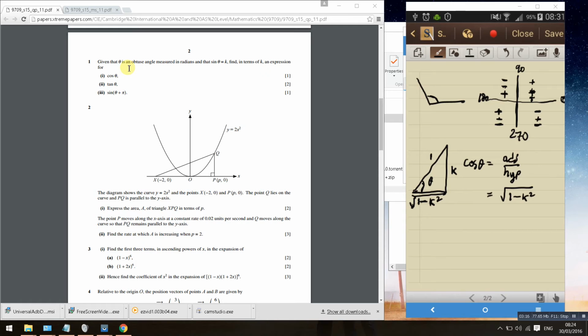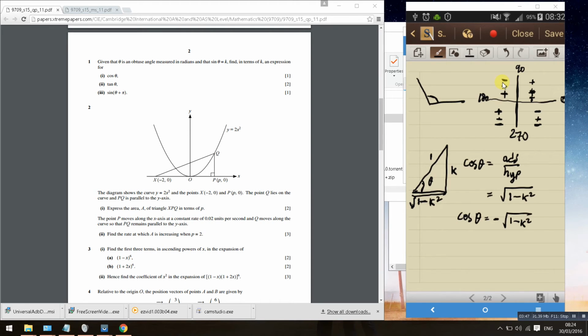That means theta is between 90 degrees and 180 degrees. And from here we can see that for cosine, the sign is negative. So this is not our final answer. The final answer is that if theta is obtuse, since from the quadrant we can see it's negative, it's just the negative of this. And that's the final answer for that part.